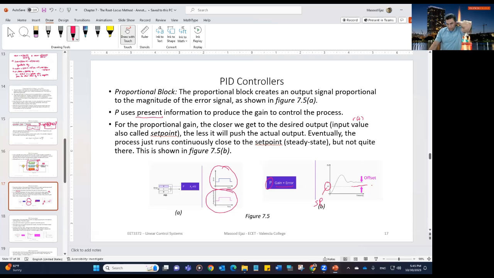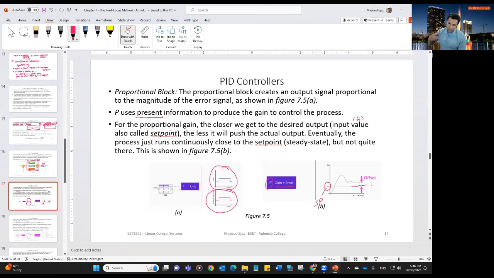So the closer we get to the desired output, the less it will push the actual output. Eventually, the process just runs smoothly close to the set point, but not quite there. So it's going to be close to the set point, but there will always be a small bit of error between the desired input and the actual output. And that, of course, is the steady state error, as you can see.